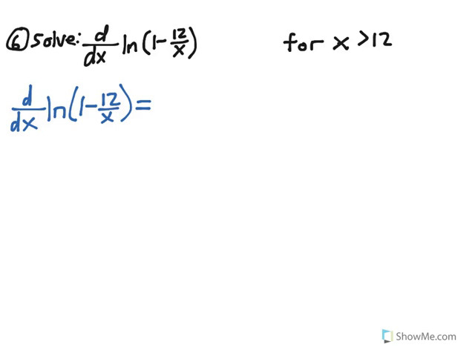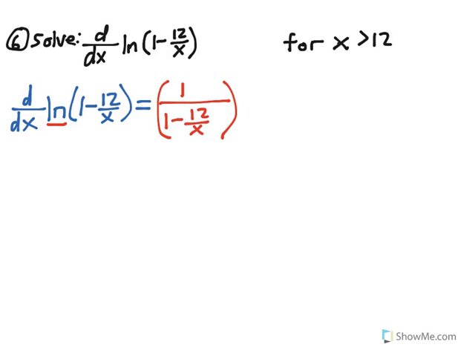So that's the outer function, and the derivative of that is going to be 1 over the inner function, which is 1 minus 12 over x. Okay, so that's the derivative of the outer function.